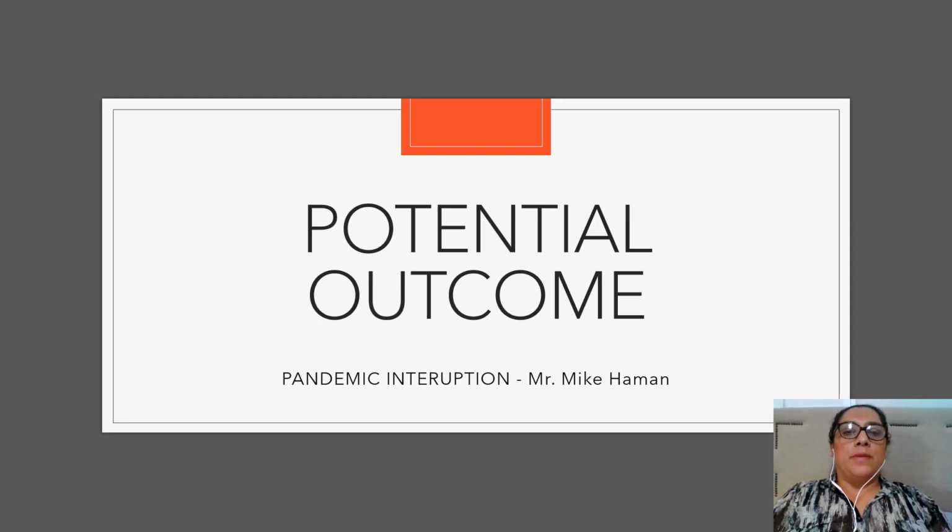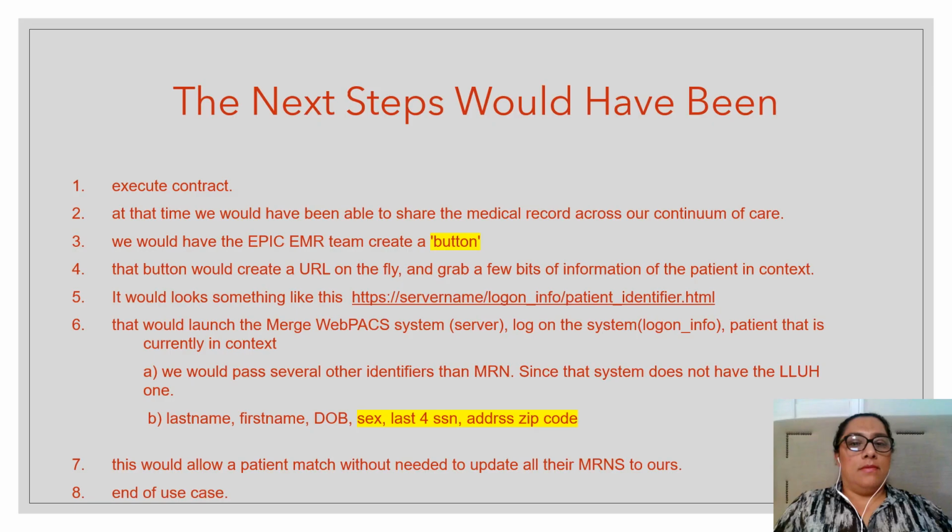Potential outcome due to the pandemic interruption. So due to the pandemic and halting all hospital procedures, projects, and transactions, a hypothetical next step would have been, according to Mr. Mike Hammond, to execute the contract and be able to share the medical record across the continuum of care.